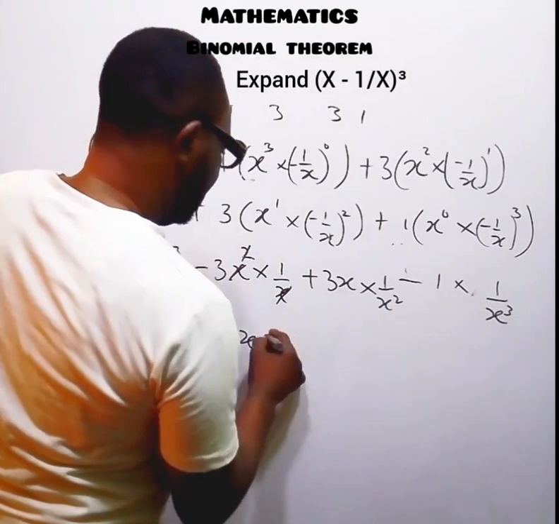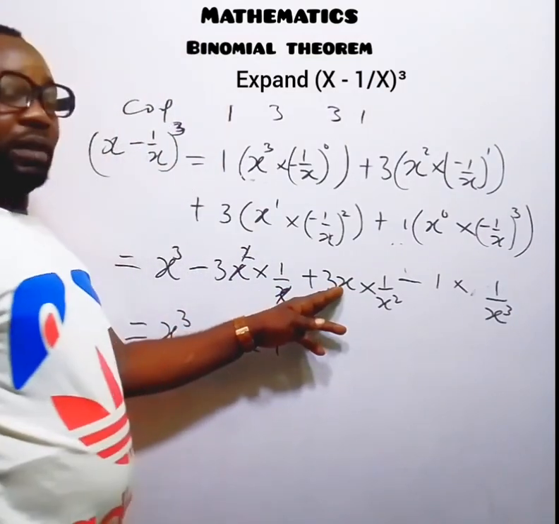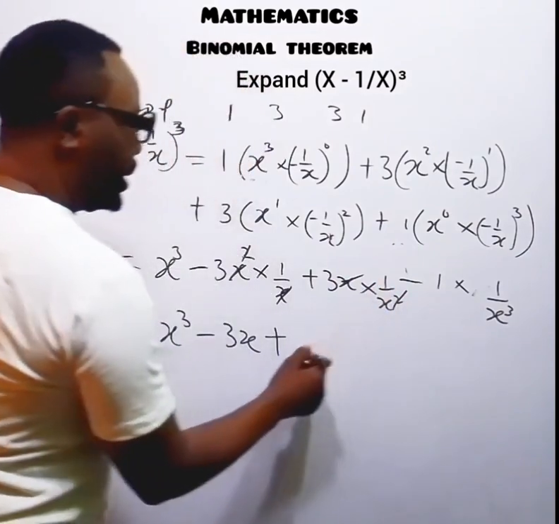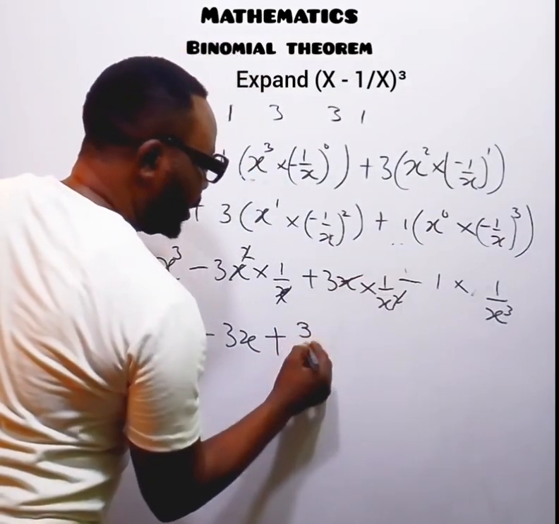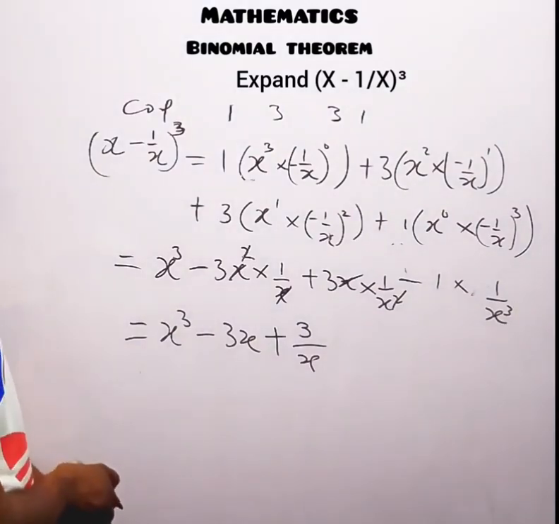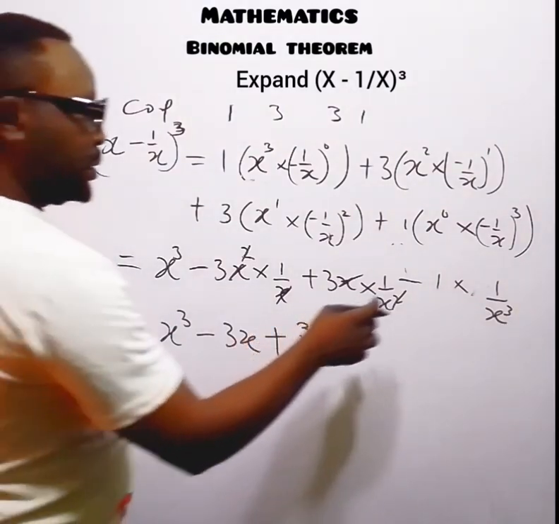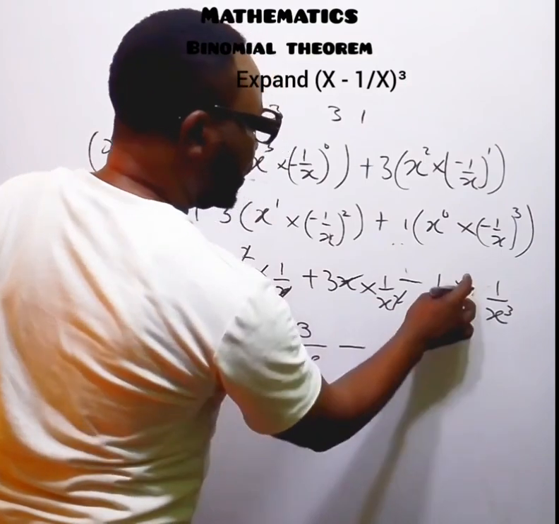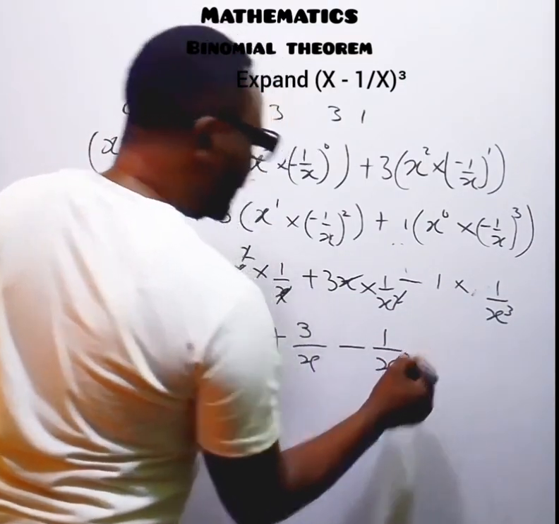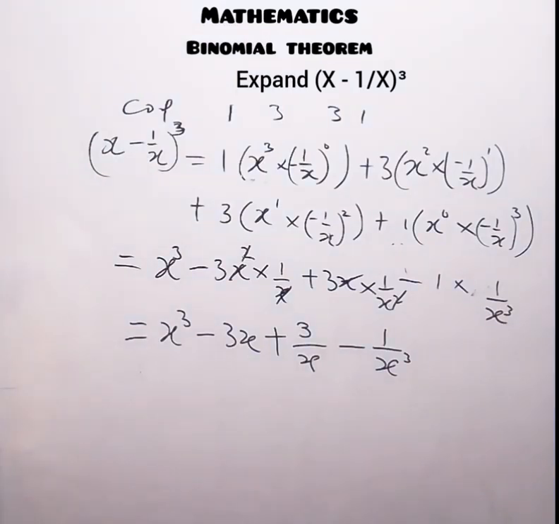Then plus 3x here, this is x squared here. If this x goes with this, it is remaining 3 times 1, 3 over x. You can see that value here. Now, then minus 1 times 1 is 1, 1 over x raised to the power of 3.